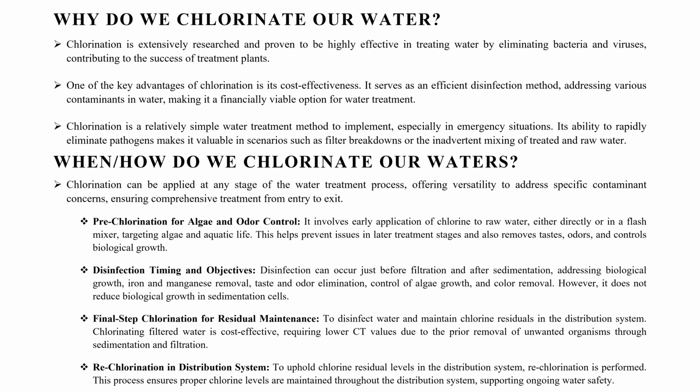So why do we chlorinate our water? Chlorine is highly effective in treating water by eliminating bacteria and viruses. That is a major factor in the success of treatment plants. One of the key advantages is its cost effectiveness. It serves as an efficient disinfection method, addressing various contaminants in water and making it a financially viable option for water treatment.